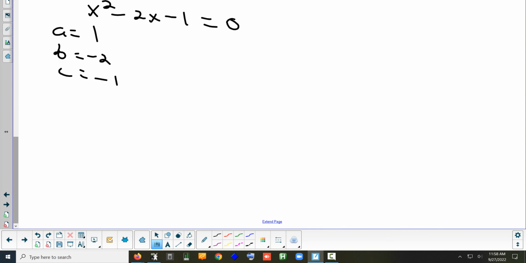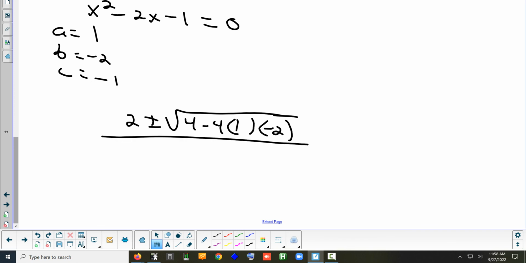Okay, what's negative b? Plus or minus. Now, what's b squared? Minus 4 times what? 1 times -1. 4ac over 2a, which is 2. So 2 plus or minus. Well, minus a minus is going to become a plus.